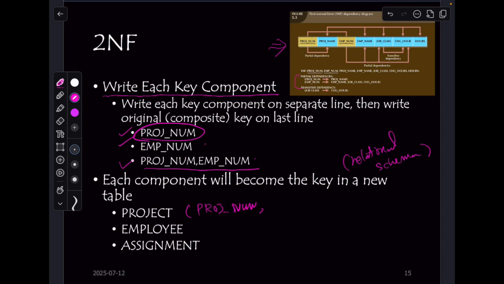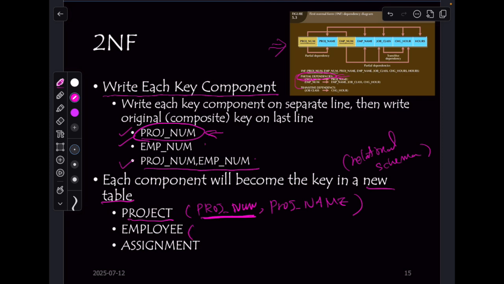And then using this partial dependency given on top, list all the attributes. In the first partial dependency, we have project number plus project name. And I underline project number because project number will be used as the key of this new relational schema or new table. And we name it project because project number is the primary key and project name is the other attribute, and it makes sense. What would be a good name? You may just pick project as a name.